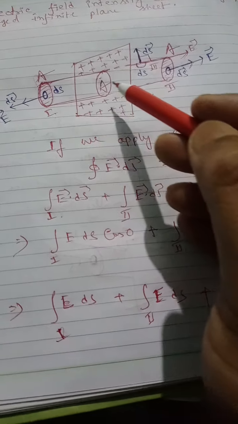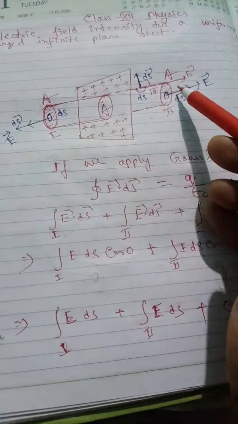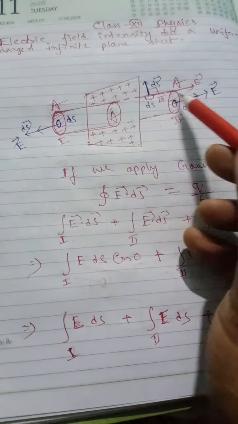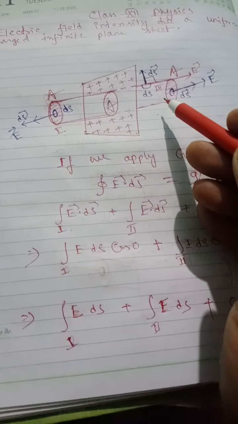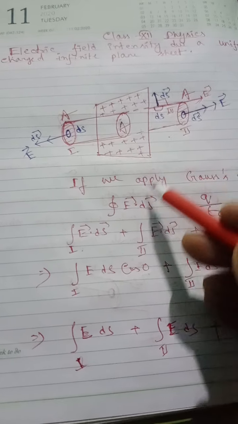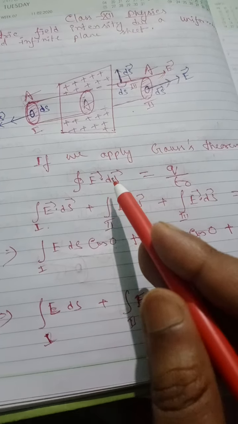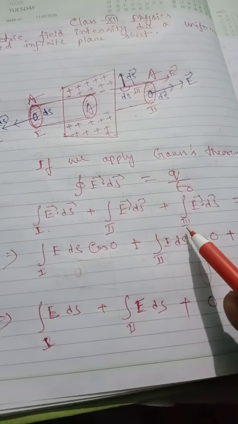So for this cylinder there are three regions. This is one region, this is one region, and this curved surface of the cylinder is another region. So on the three regions we take three small portions, ds, ds and ds. So this integration splits into three terms, region 1, region 2, region 3, and that is equal to q by epsilon naught.